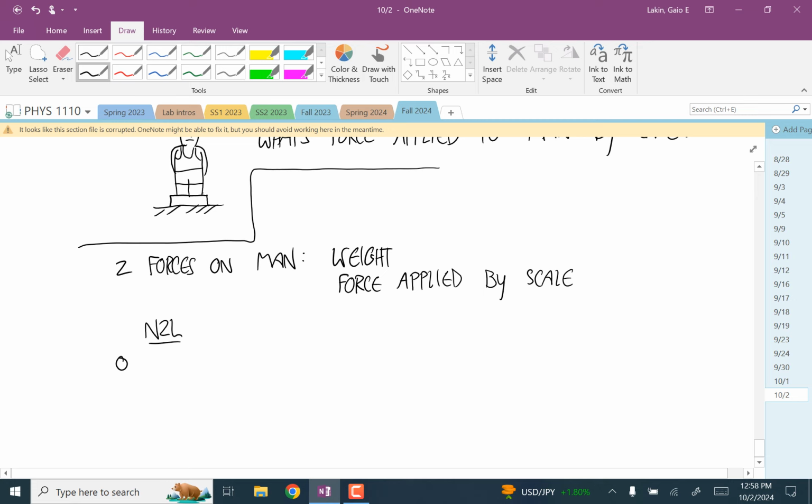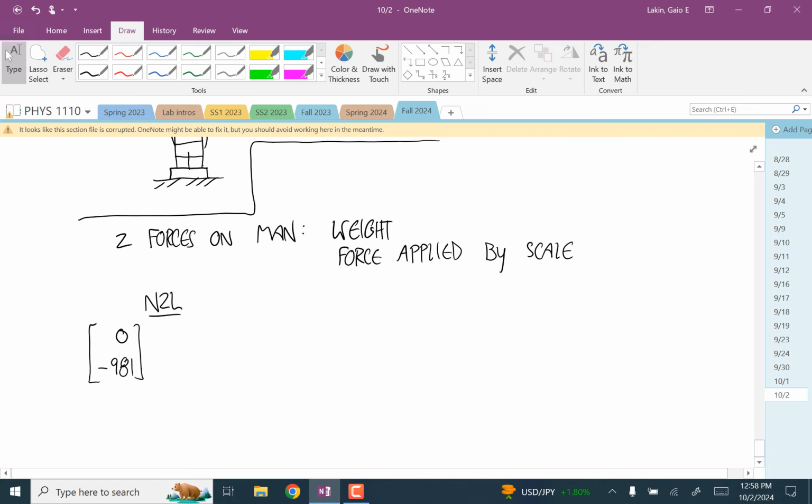That's equal to 0, negative 981. This is the weight. And then there's a second force that I'm going to call Fs, the force from the scale. And I'm going to break it up into its components. So we have Fsx and Fsy.